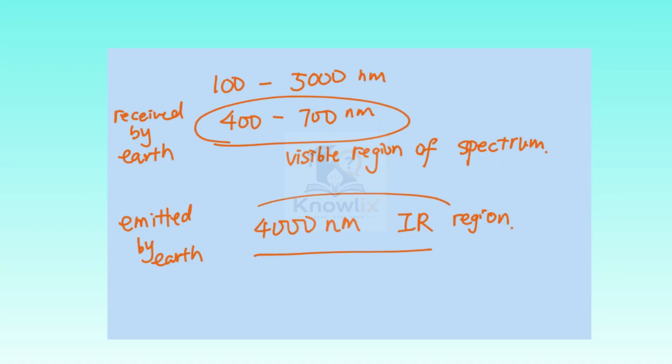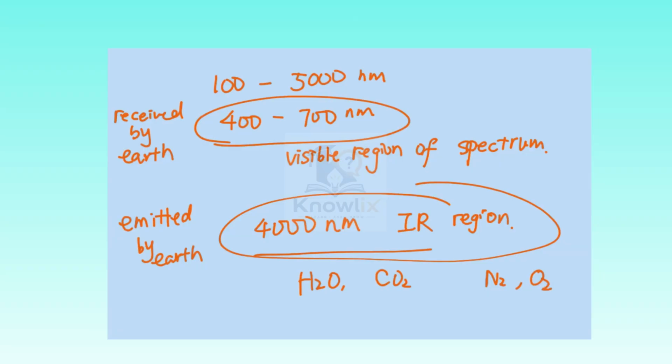Now, this outgoing infrared radiation can be absorbed by water and carbon dioxide, but not nitrogen and oxygen. We'll see why, okay? We know that all molecules vibrate, okay, even at lowest temperatures.